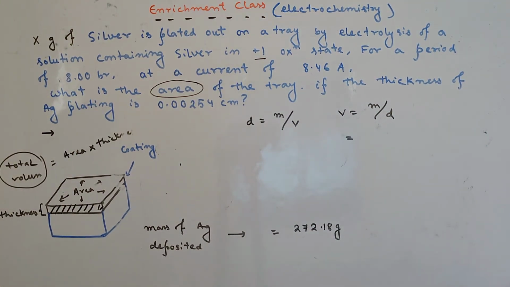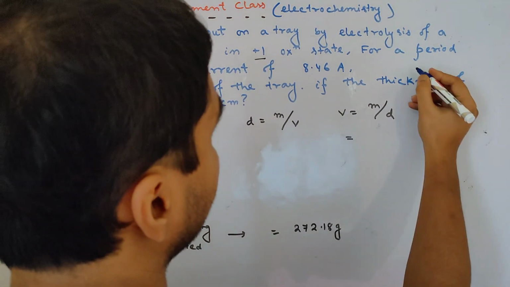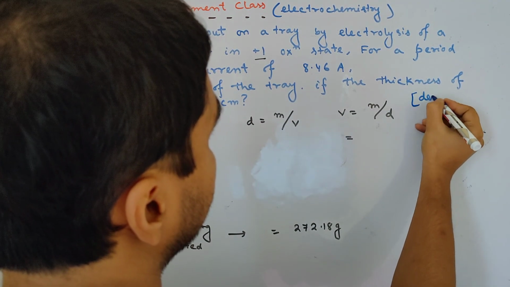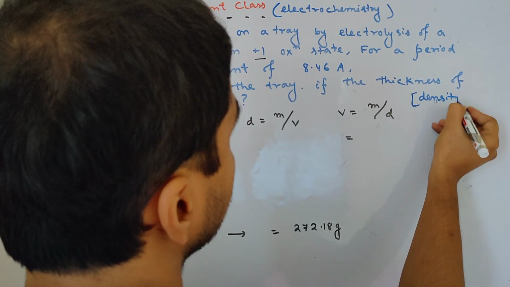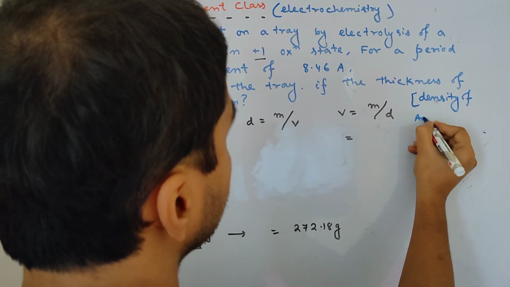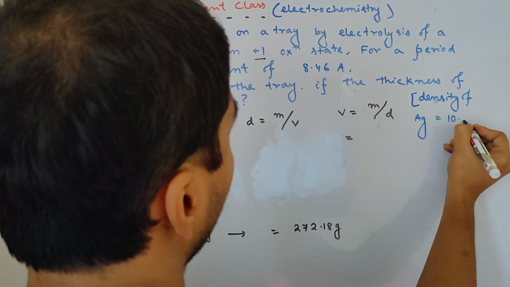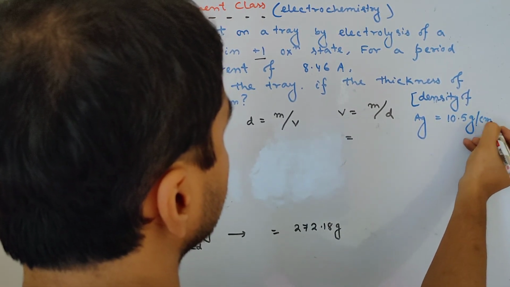In the question, one more piece of data is given that I have not written earlier: the density of silver is 10.5 gram per centimeter cube.